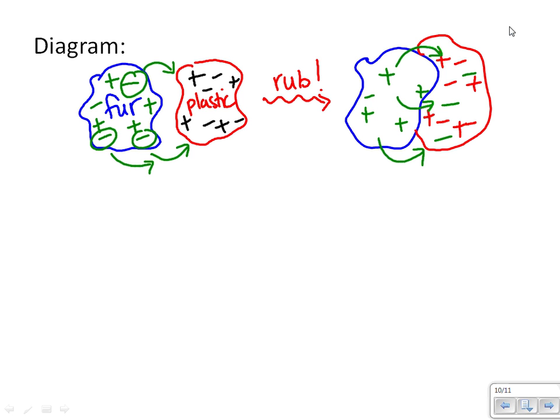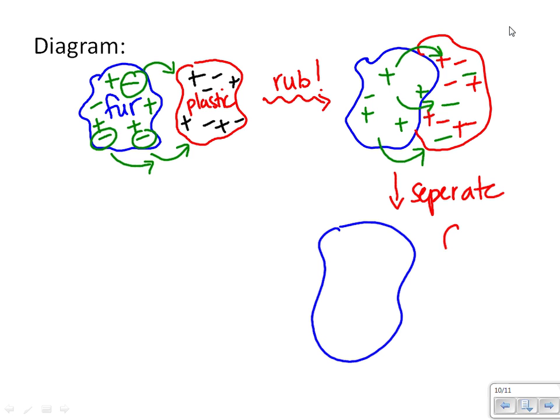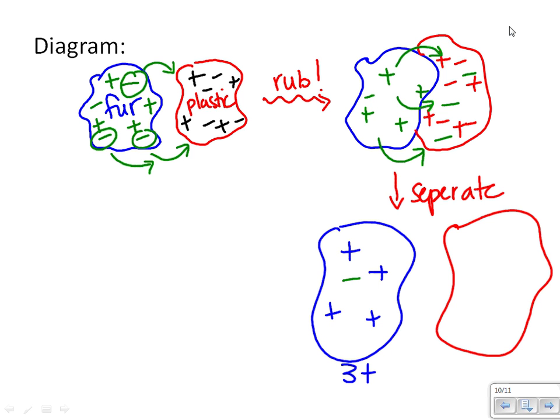Okay, so now once they separate out again, here's the fur in blue, here's the plastic in red. Now the fur has 1, 2, 3, 4 positive charges, but only 1 negative charge left. So the fur has a 3+ charge because there's 3 extra positive charges.